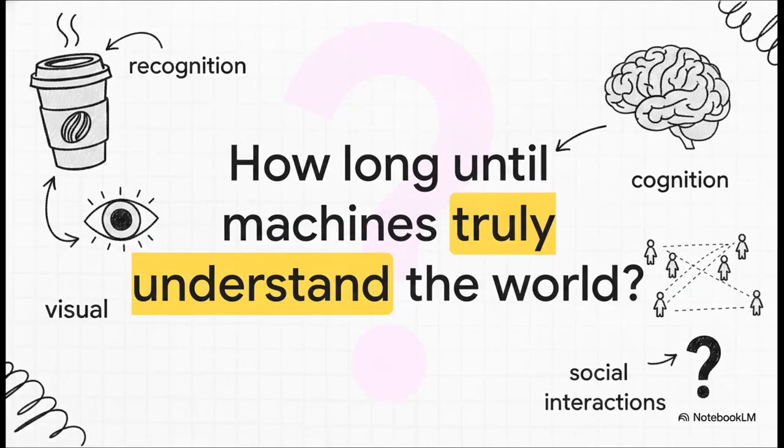Which leaves us with this final provocative thought about the road ahead for artificial intelligence. We've totally conquered recognition. A machine can tell you a coffee cup is a coffee cup all day long. But cognition, the why, the how, those invisible strings tying our social interactions together, that is the next great leap.